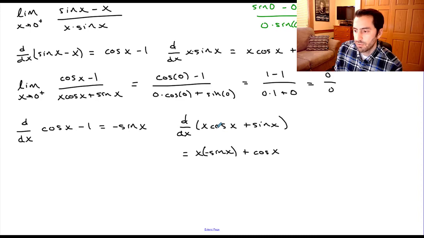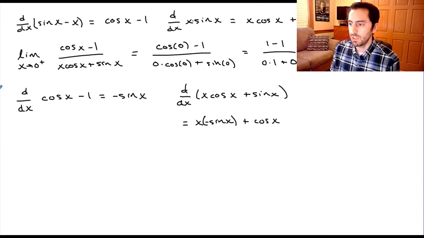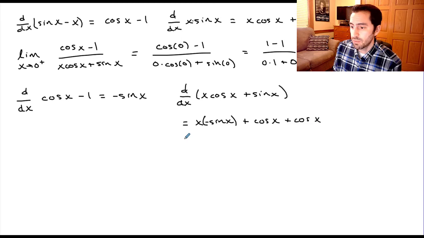That takes care of our first term. And then for the second term, the derivative of sine is equal to cosine. Now we can combine some like terms. So what we end up with here is negative x sine of x, and then cosine plus cosine, we get plus 2 cosine of x.